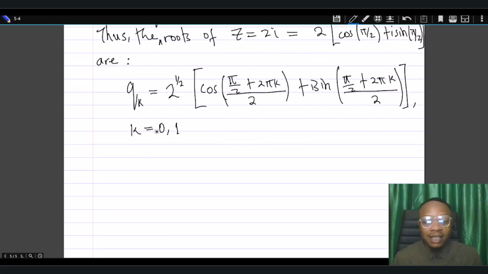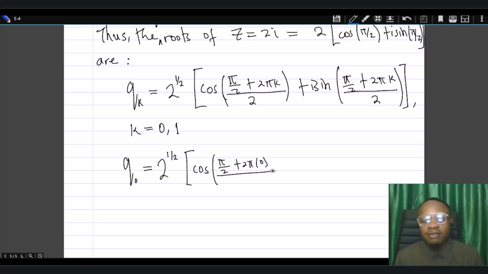We can now set k equal to 0. So when k equals 0, we get q sub 0. That is equal to 2 to the power of 1 over 2 into the cosine of pi over 2 plus 2 pi multiplying 0, then everything here is divided by 2, then plus i multiplying the sine of pi over 2 plus 2 pi into 0, then everything here is divided by 2.